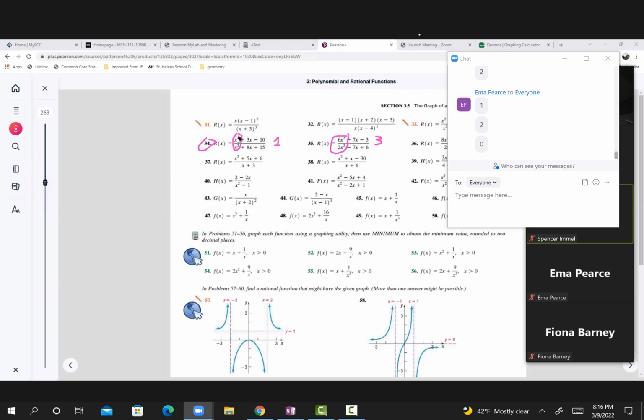Don't get too worked up in some of this stuff, but if you do, put them in Desmos and graph them and see what happens. 3.4 is easier, so those ones are going to be a little more straightforward. These ones here are going to be a little more challenging. But that's rationals.